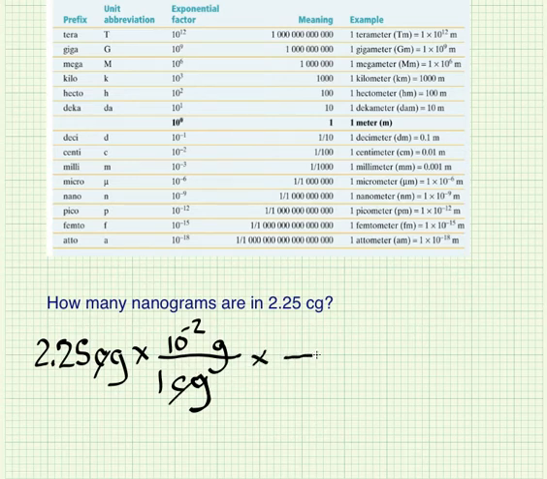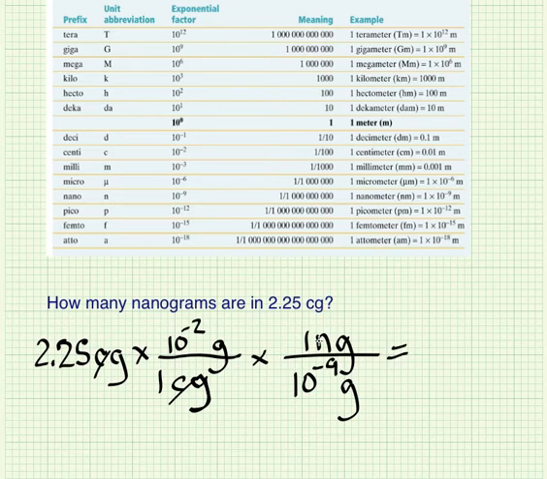The next thing we need to do is, we've converted it to the base unit, now I want to get to the second metric prefix, which is a nanogram. So you take a look at nanogram, and you can see that there's 10 to the minus ninth grams in 1 nanogram.